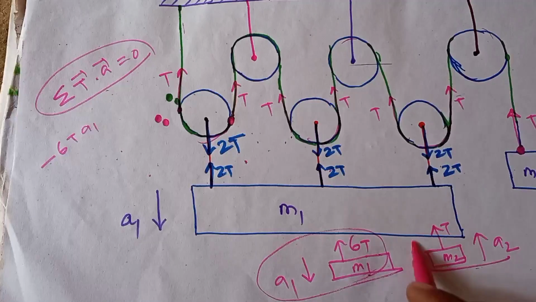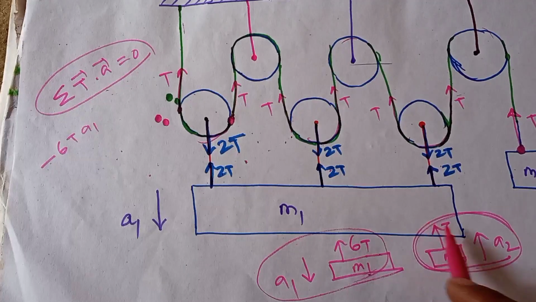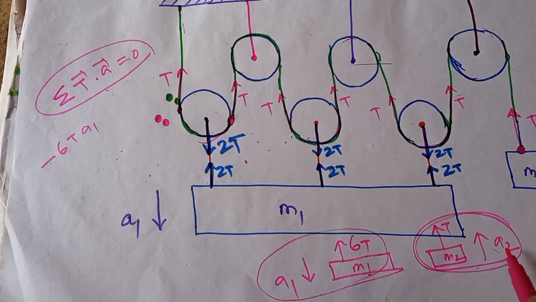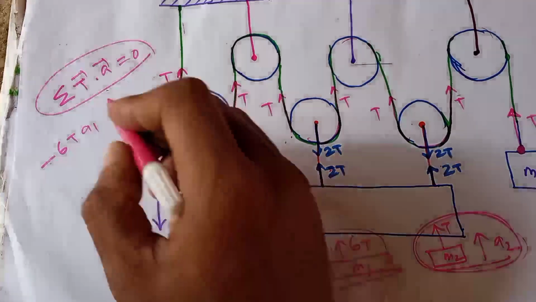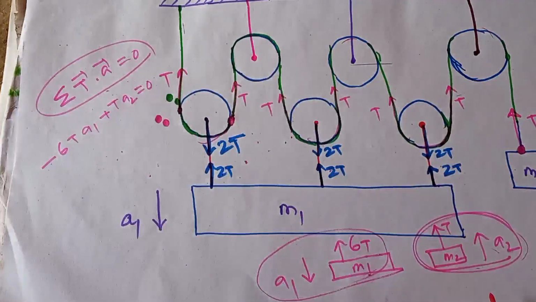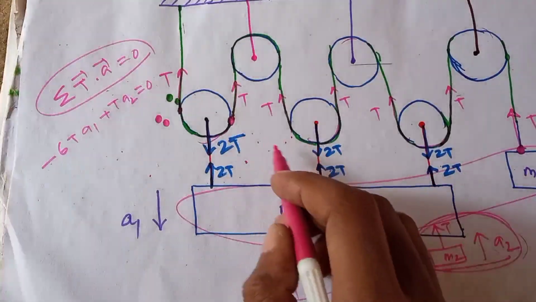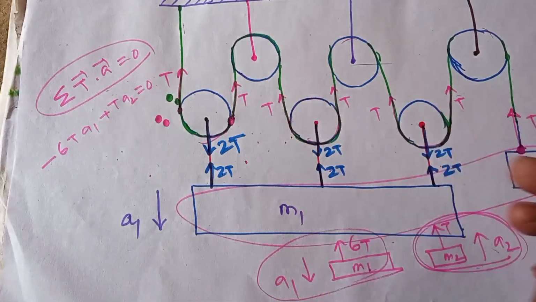For this mass, the tension is in the upward direction and acceleration is also upward, so the dot product will be plus T into a2, equal to 0. You have to apply this formula only for these blocks, because the net work done on the pulleys is 0.